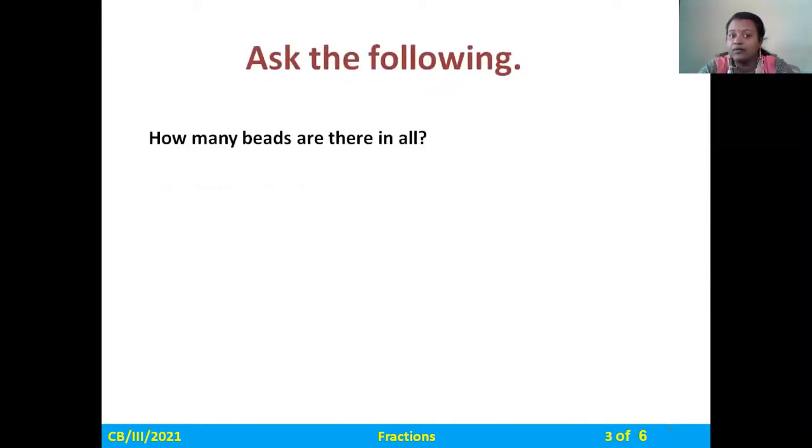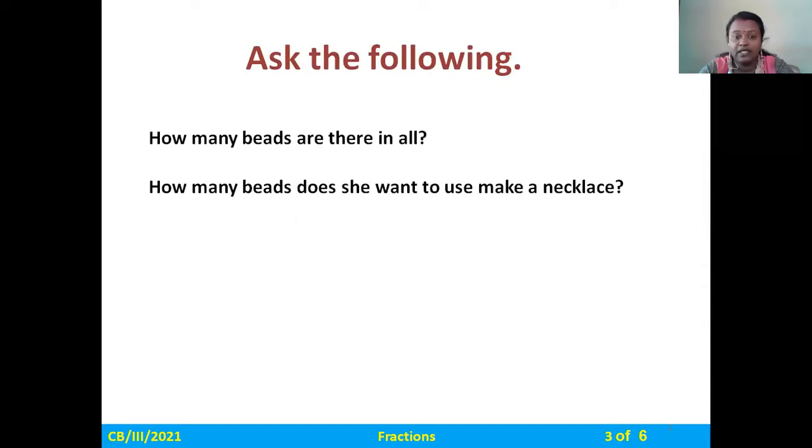So we have to look for how many beads are there in all. Yes, they are 12. How many beads does she want to make a necklace? Yes, it's half of the total. How will you find one half of 12? Absolutely right. You say it's 6?